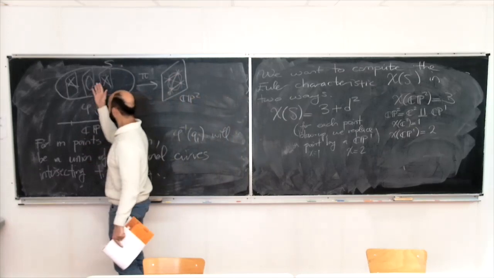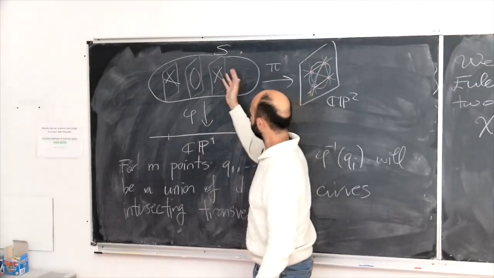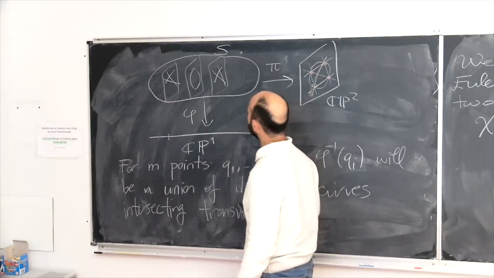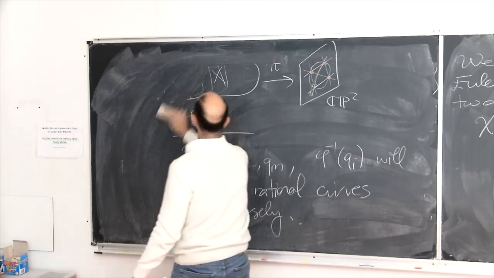Now, if we look at the picture a little bit, there are the smooth fibers, and also there are these reducible fibers. So we have to estimate the contribution of each.